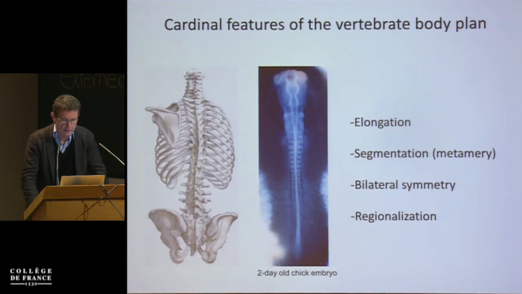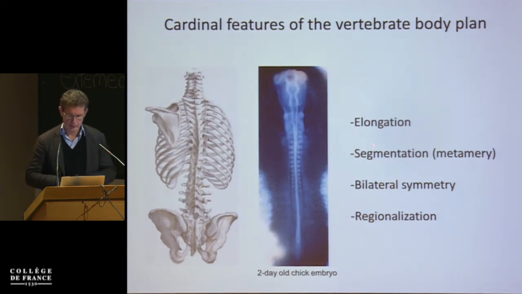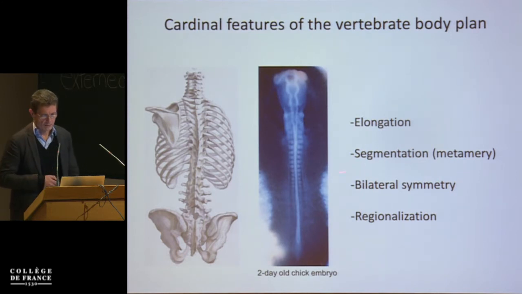So what I want to discuss today are two stories that relate to slightly different ways whereby morphogen gradients are used in the embryo, maybe slightly more dynamic. And they have to do with what I call cardinal features of the vertebrate body plan.